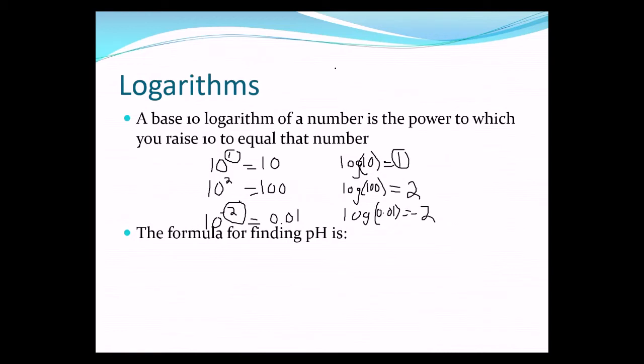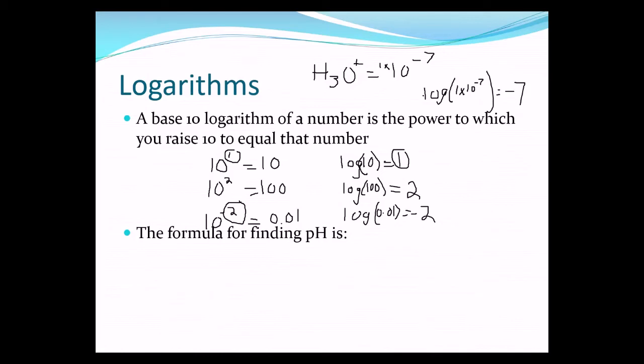So we said that H3O plus has a concentration of 10 to the negative 7, or 1 times 10 to the negative 7, but the 1 times doesn't do anything. So if I said log of 1 times 10 to the negative 7, that would give me negative 7.